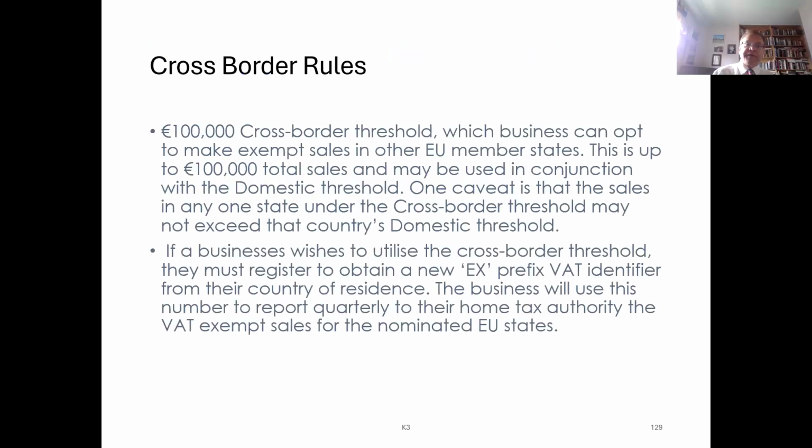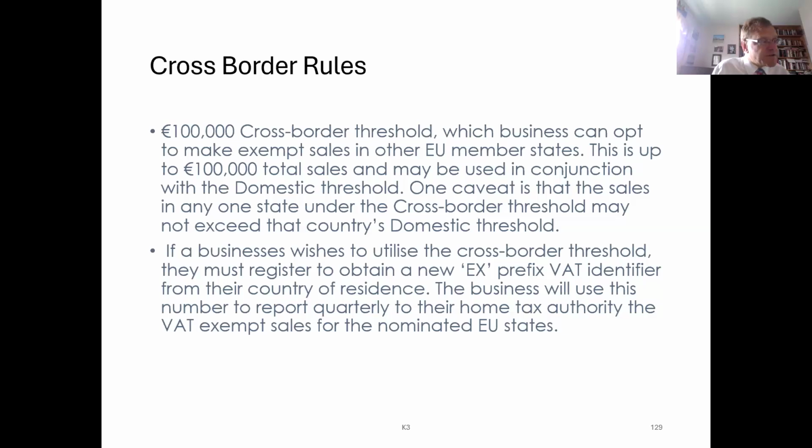And then there will be the €100,000 cross-border threshold, under which a business can opt to make exempt sales in other EU member states. This is up to €100,000 total sales and may be used in conjunction with the domestic threshold. One caveat is that the sales in any one state under the cross-border threshold may not exceed that country's domestic threshold, so it is possible that a country will set a lower threshold.